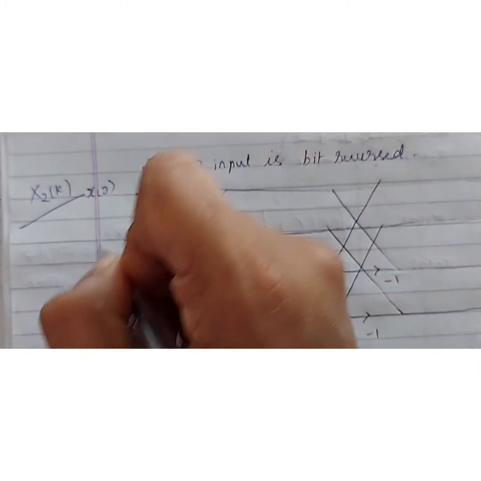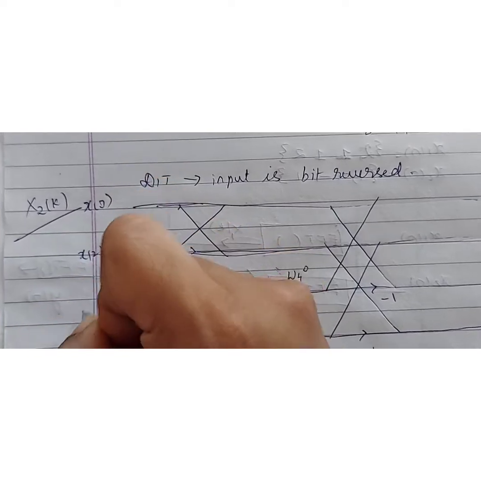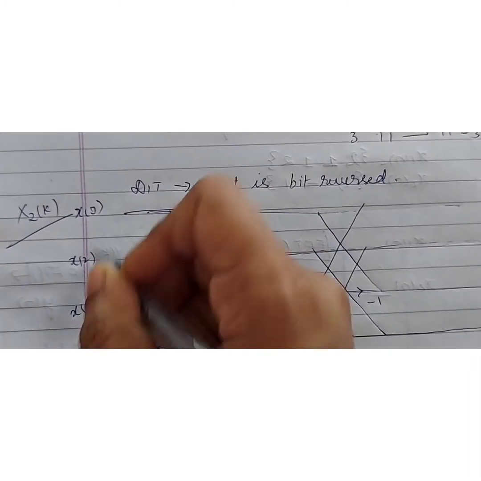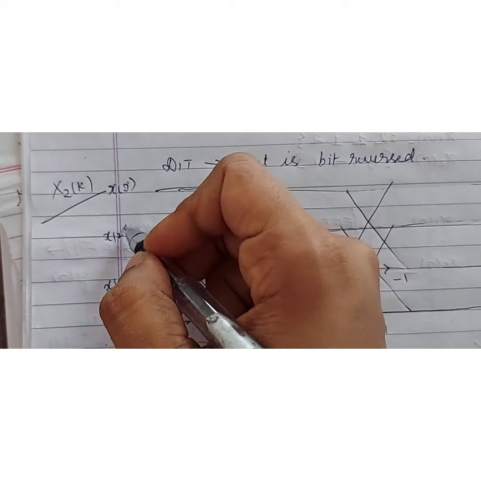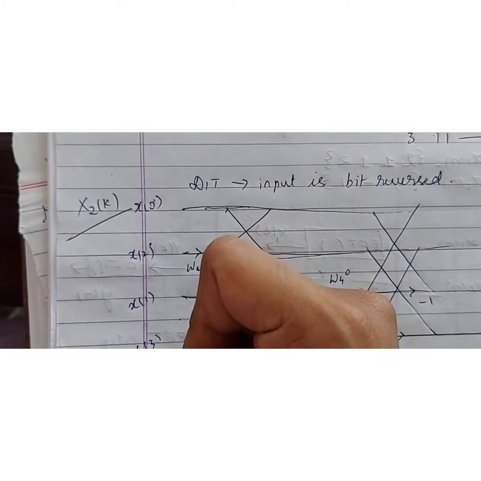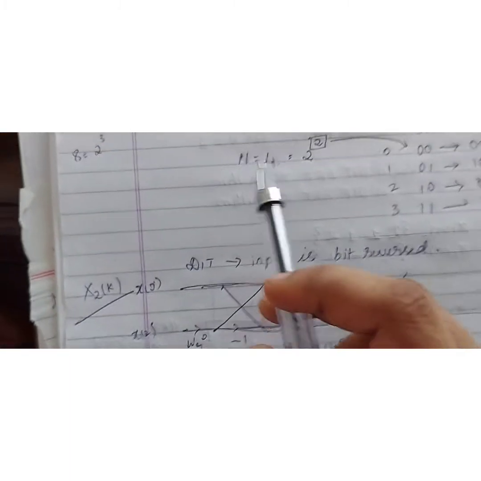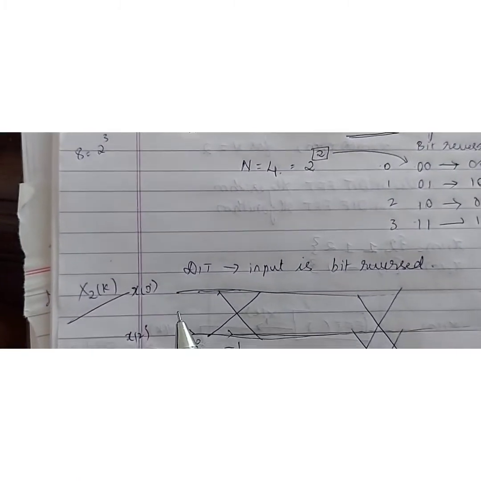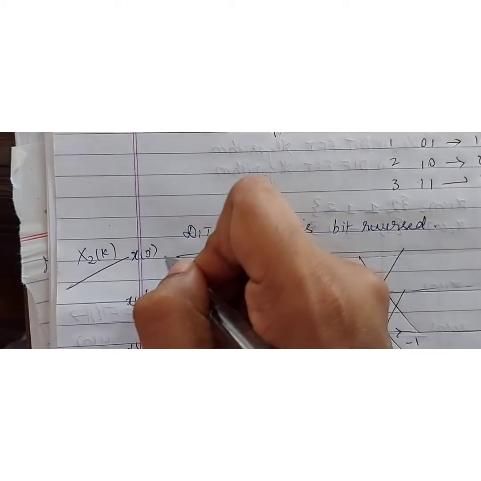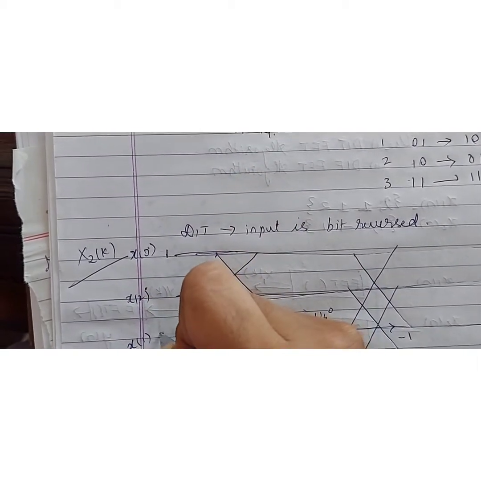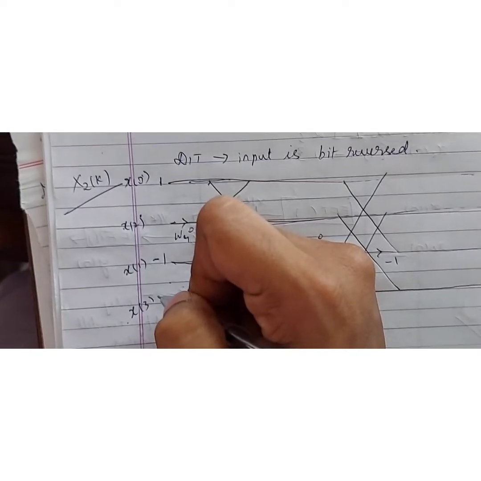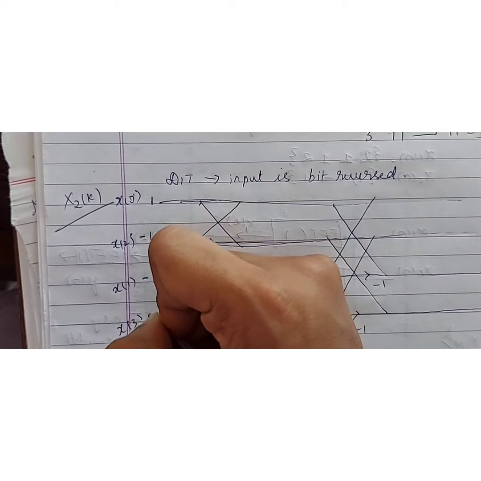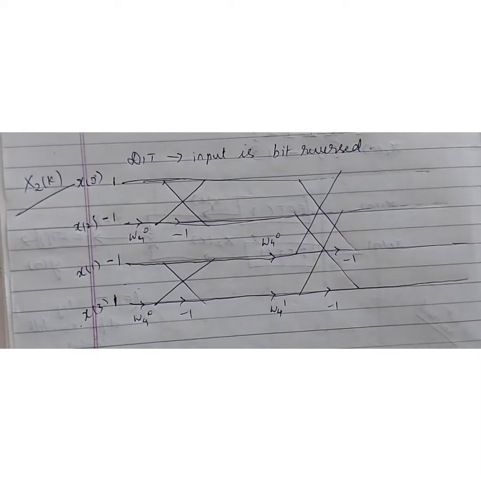That means x of 0, x of 2, x of 1 and x of 3. In that order I will write it. So what is the second sequence? 1, minus 1, minus 1, 1.